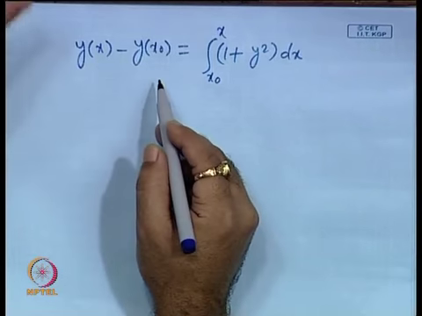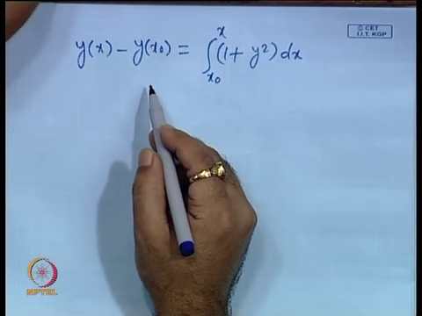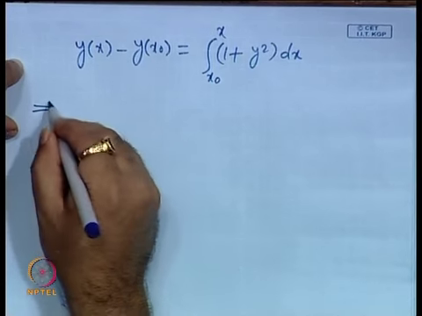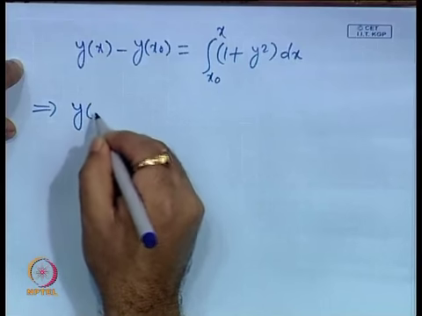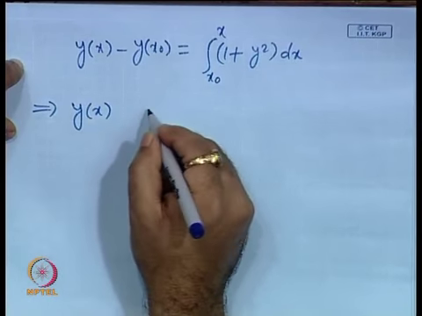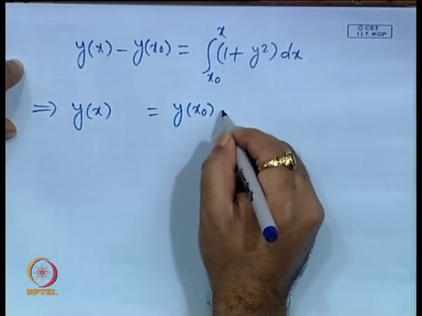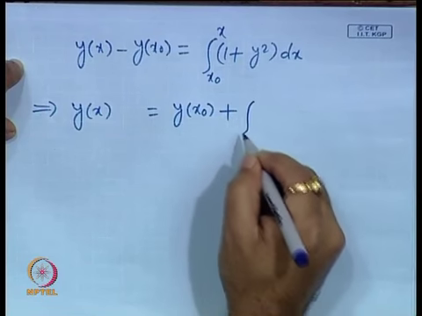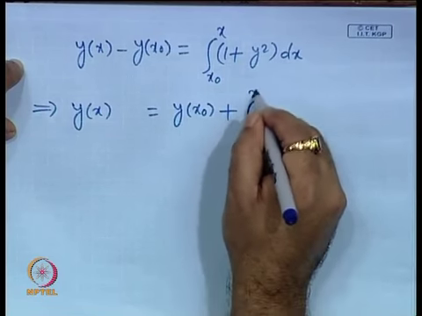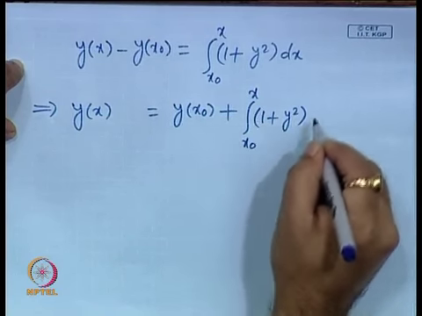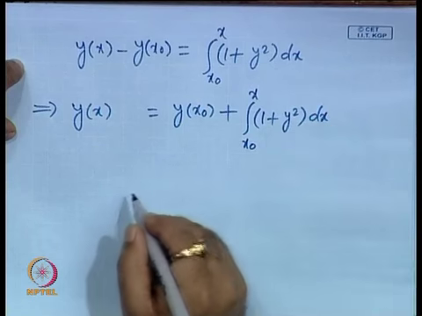So, if you perform the integration on the left hand side, we get this. So, this can be written as y of x equals y of x naught plus the integral.